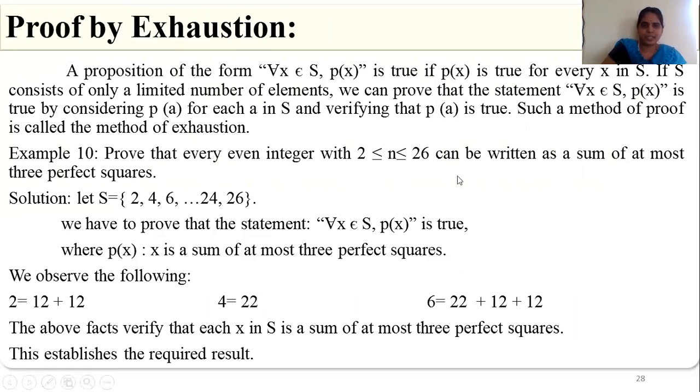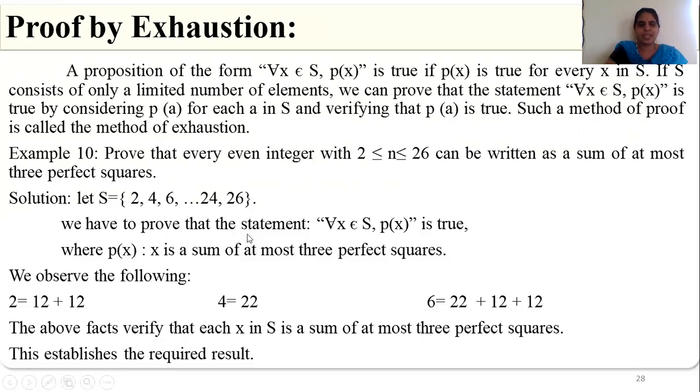Let's consider an example where we have a range for n, that is n lies between 2 and 26. We can write each as a sum of at most 3 perfect squares. According to the definition of proof by exhaustion, S should be limited, so we have only the numbers from 2 to 26.